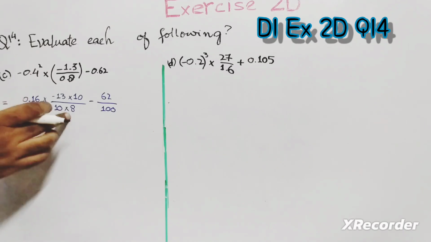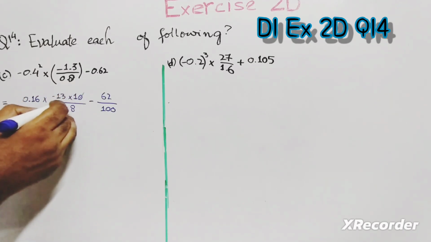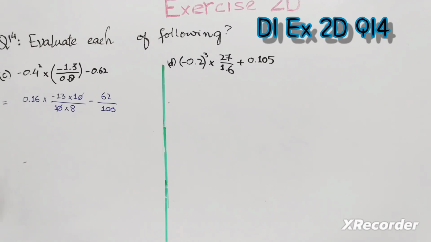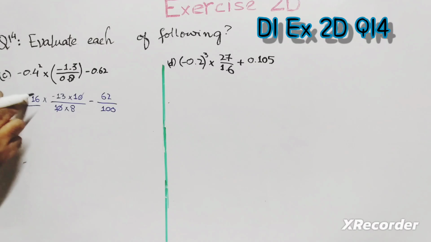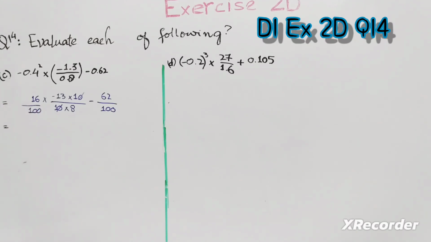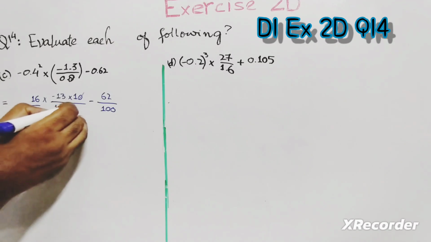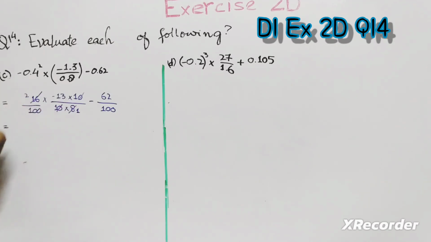So first of all, we have to solve these first two items. We can cut 10 with 10. For making it simple, we can convert this 0.16 as 16 divided by 100. So we can cut this 8 with 8: 8 times 1 is 8, 8 times 2 is 16.